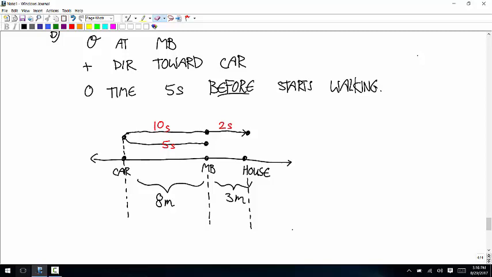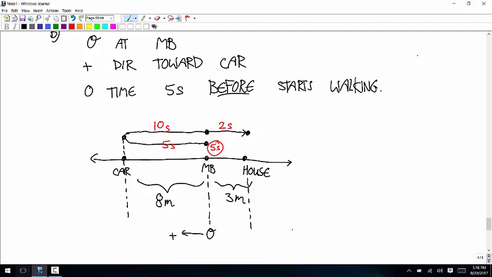So this location is 0. The positive direction is toward the car. So this is positive. And 0 time is 5 seconds before he starts walking, which means that this location, when he starts walking at the mailbox, it's already timed 5 seconds.